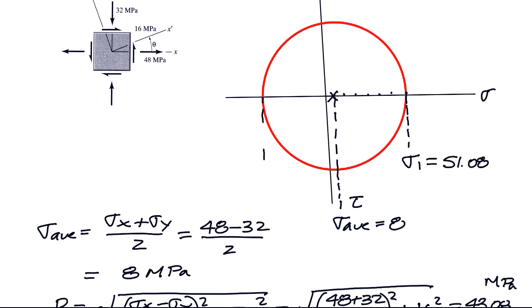The smaller of the two principal stresses, sigma 2, is minus 35.08. And the tau max in plane is equal to 43.08.